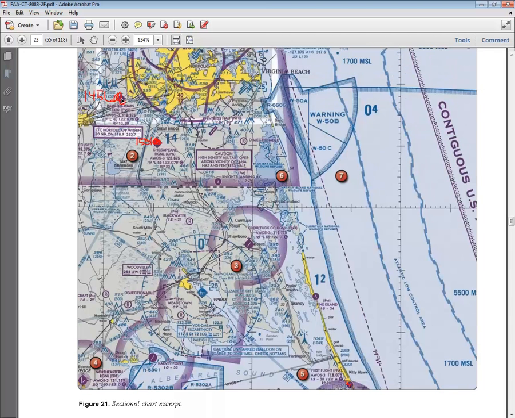If you measure the distance from Hampton Roads to Chesapeake Regional, you get your plotter, and you measure that distance, you would find that the distance is about 6.5 miles to get from Hampton Roads to Chesapeake Regional.